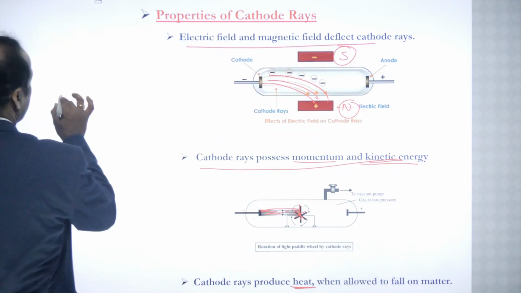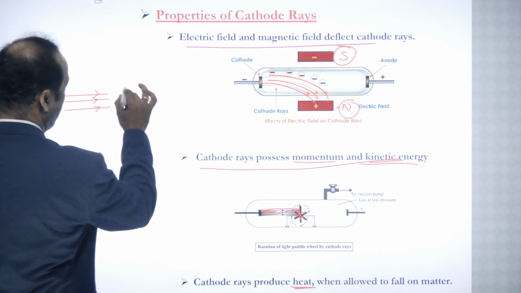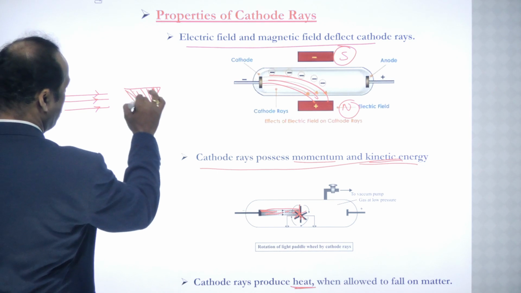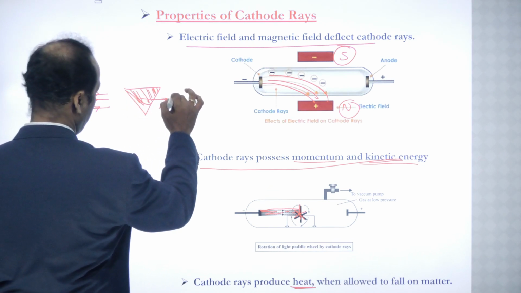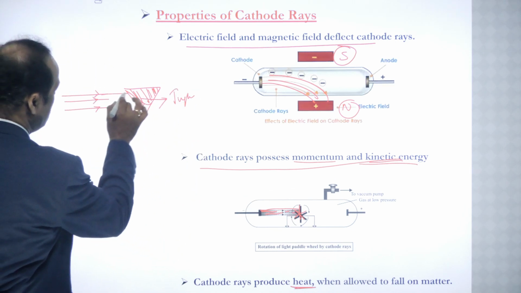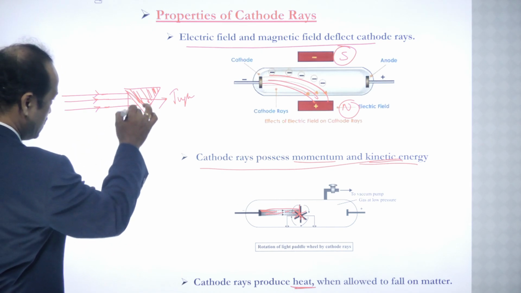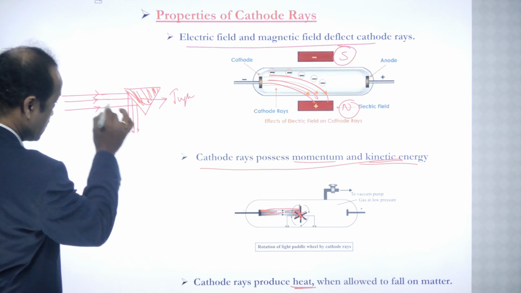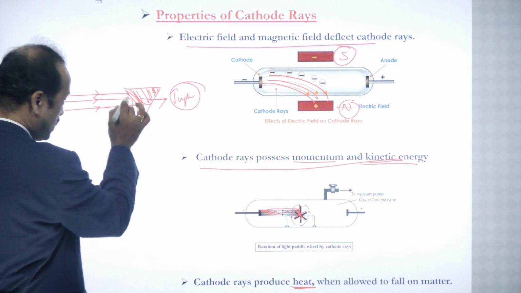When the cathode rays are allowed to strike a hard metal plate or metal block, for example, a block made of tungsten, then after striking the tungsten, the rays are reflected.